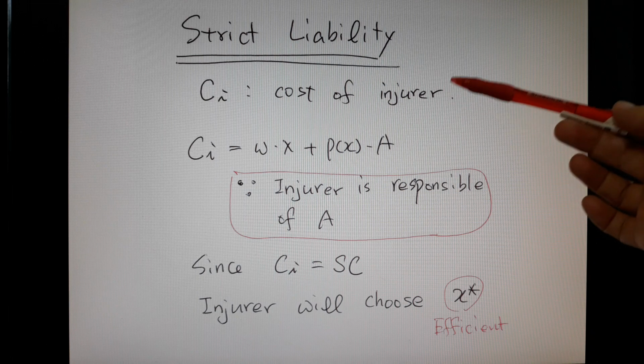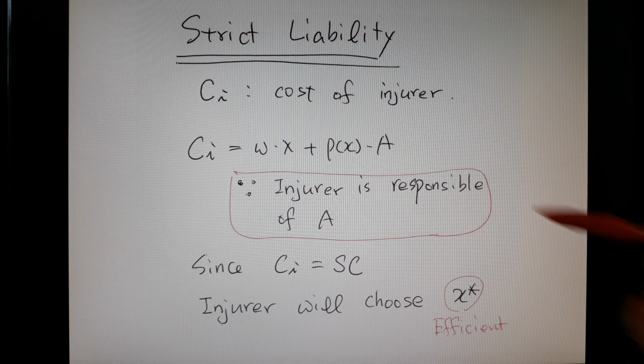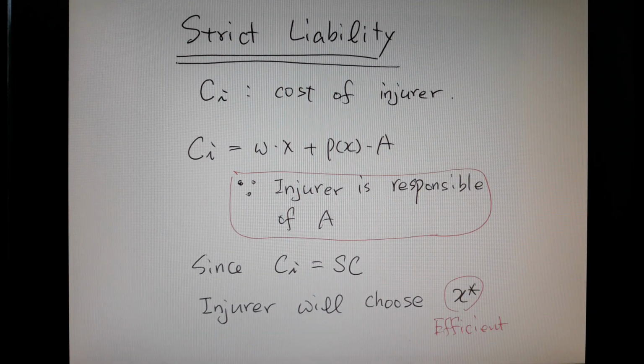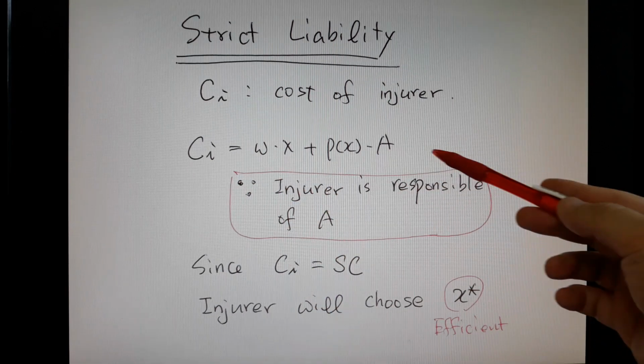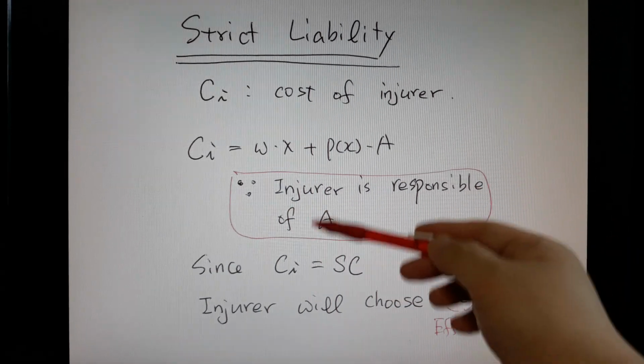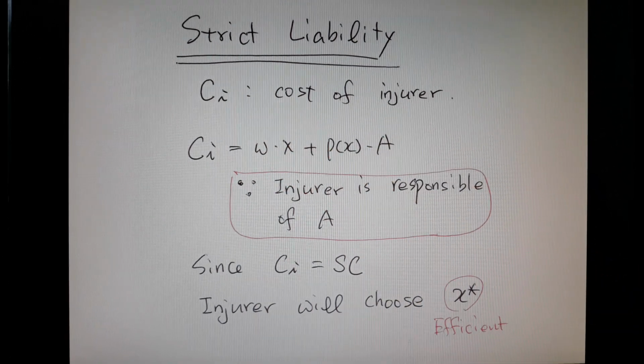Here, once again, the cost of the injurer, because strict liability means if there is any accident, whether the injurer was careful or not careful, the injurer should be totally responsible for the damage by accident A. So the injurer's cost would be the same as the social cost itself, because the injurer is totally responsible for A.